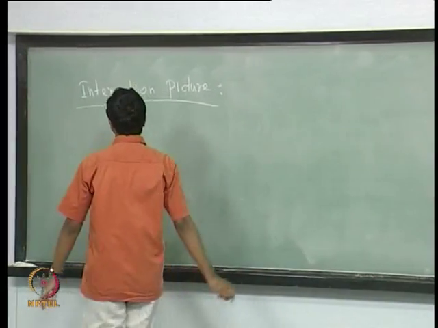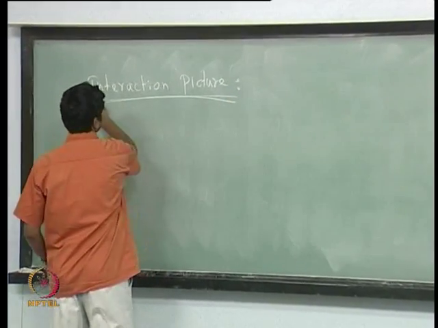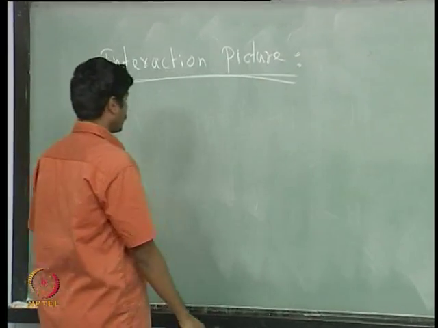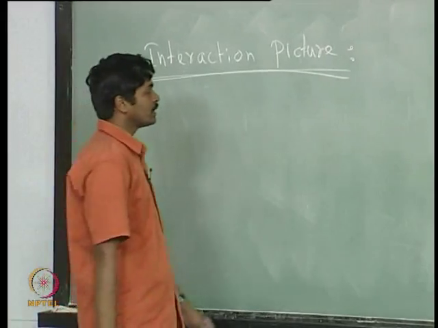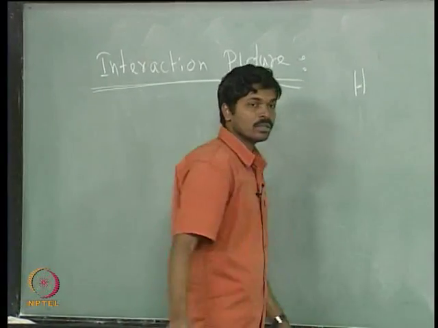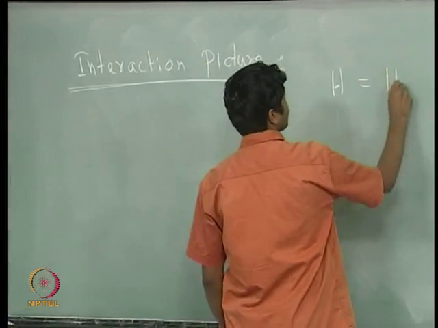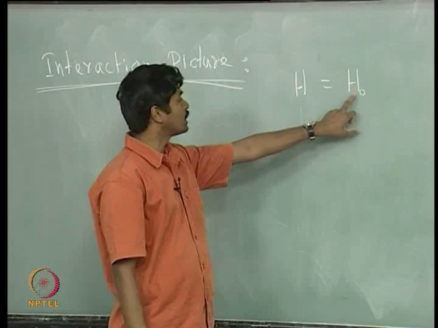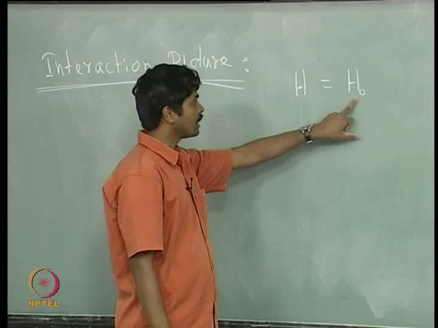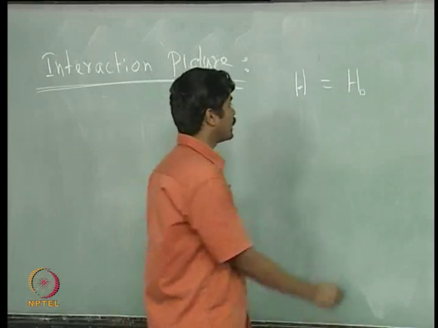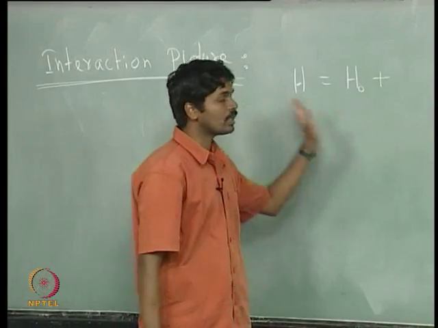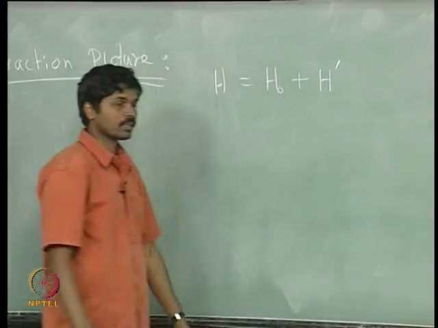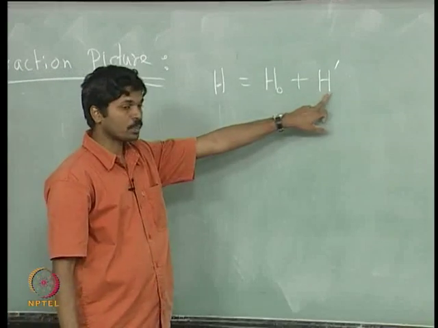In fact, throughout our lectures we will work only in the interaction picture. Here you have the full Hamiltonian, in which I will call H0 the free part of the Hamiltonian, which involves only the kinetic terms and the mass terms of the fields involved, and then the rest of the terms in the Hamiltonian, which I will call the interacting part of the Hamiltonian, and I will denote it as H prime.